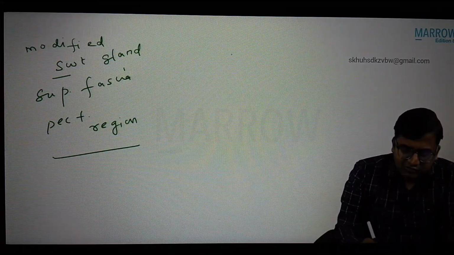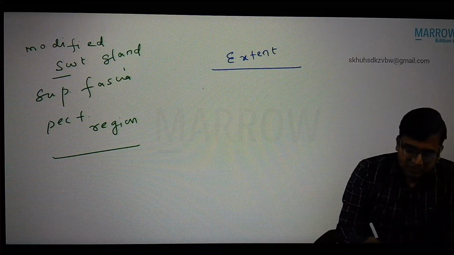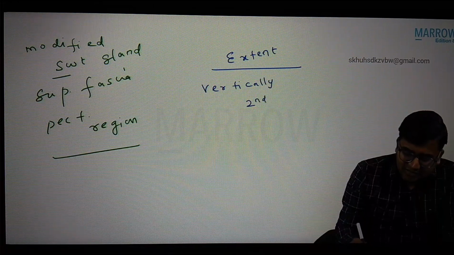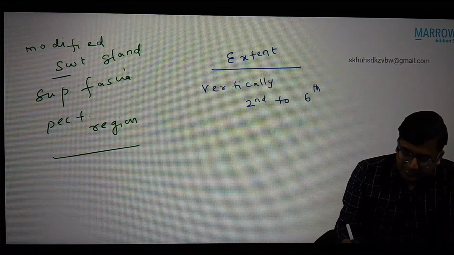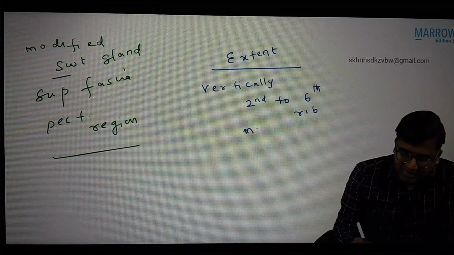Now what is the extent of the breast? Vertically, the extent is from the second rib to the sixth rib in the midclavicular line.